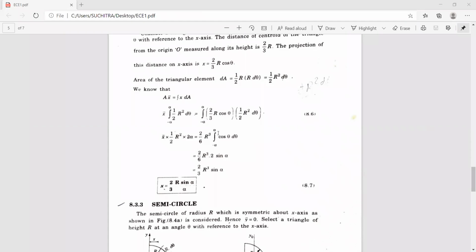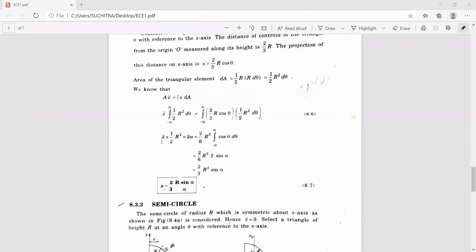You apply the limits of integration, that is sin alpha minus sin of minus alpha. Hence it becomes 2 by 6 r cube into 2 sin alpha. So on the right hand side, you have 2 by 6 r cube 2 sin alpha, or it can be 2 by 3 r cube sin alpha.